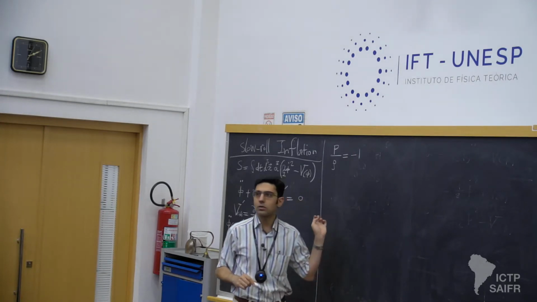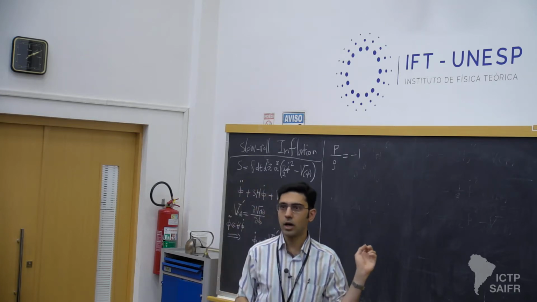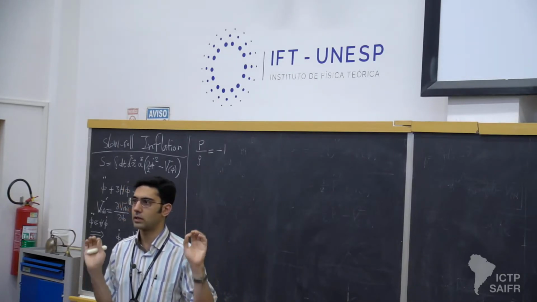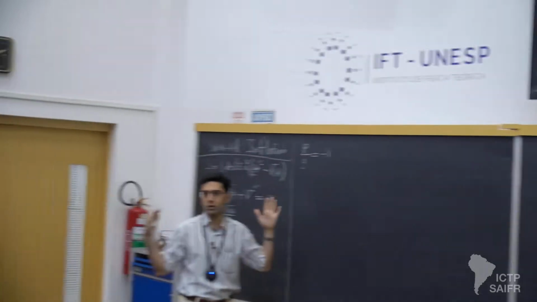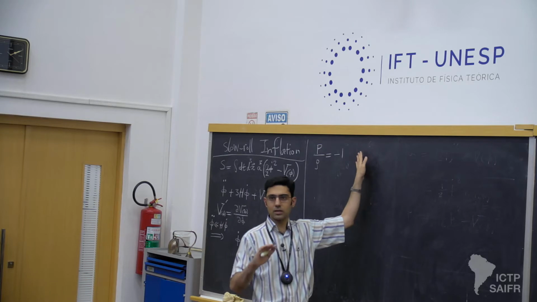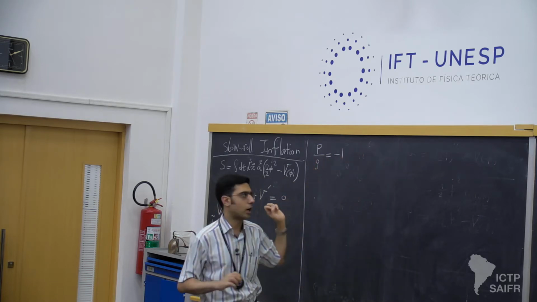And if I assume that the contribution of the kinetic energy is small, so if it was 0, if it was only potential, we would get exactly -1. A constant potential would be equivalent to having a cosmological constant, which is w equals -1. So let us assume that the kinetic energy is small because we want to be near -1.